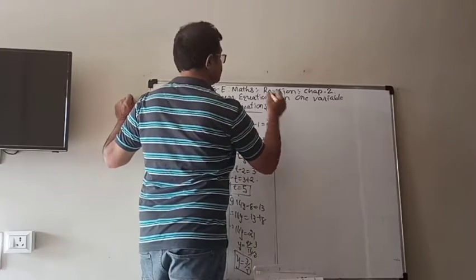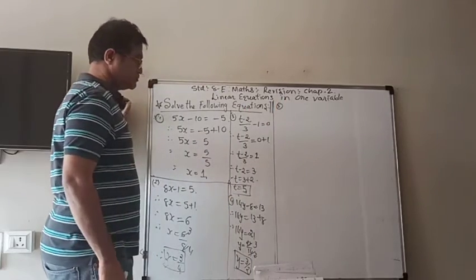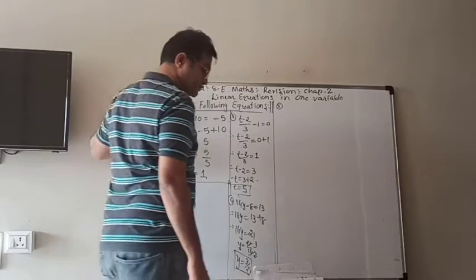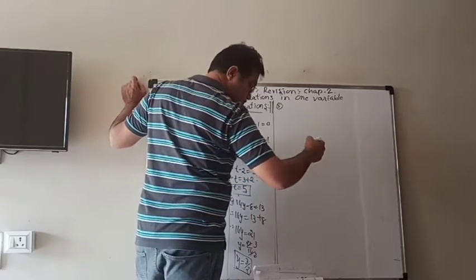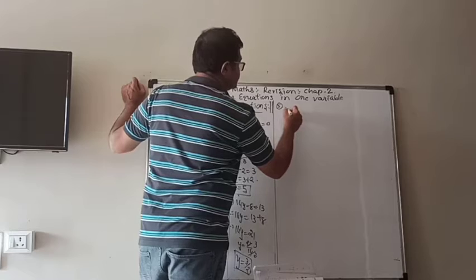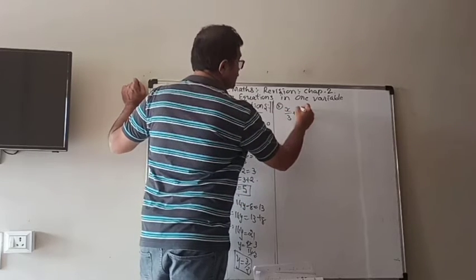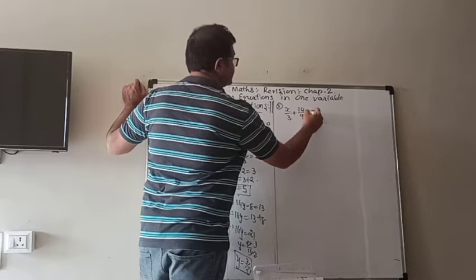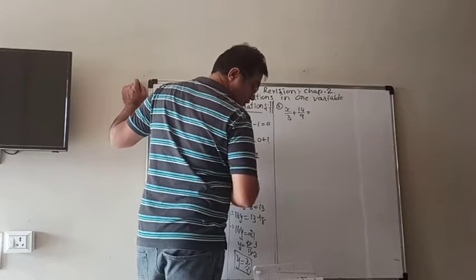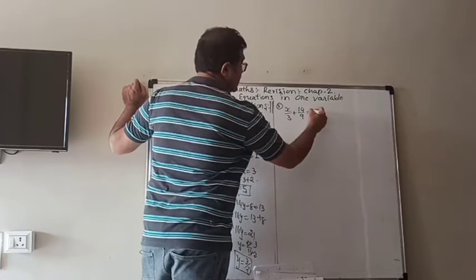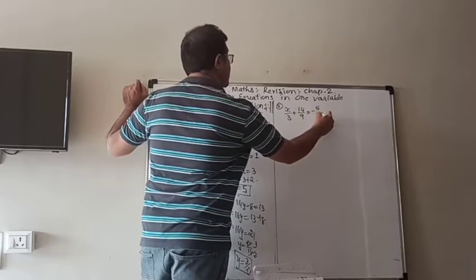Fifth one is x upon 3 plus 14 upon 9 is equal to minus 5 upon 7.